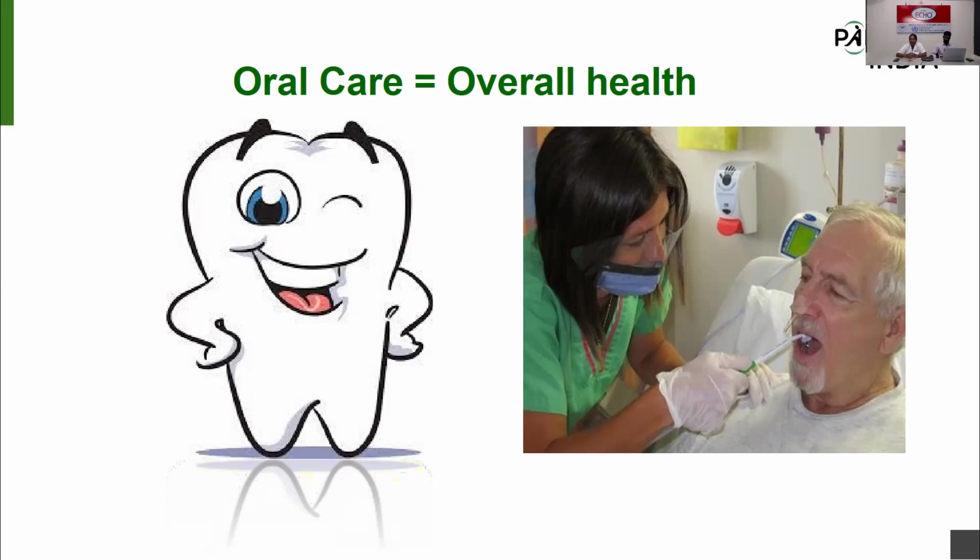If you ensure oral care, your appetite will be improved, yes. You will get the taste of the food you are eating, right? So we can improve overall health by ensuring oral care itself, right?